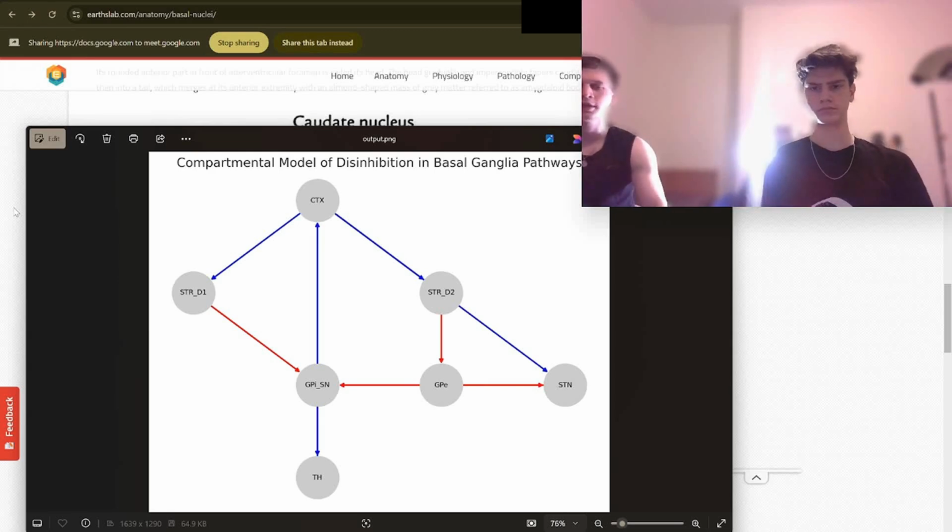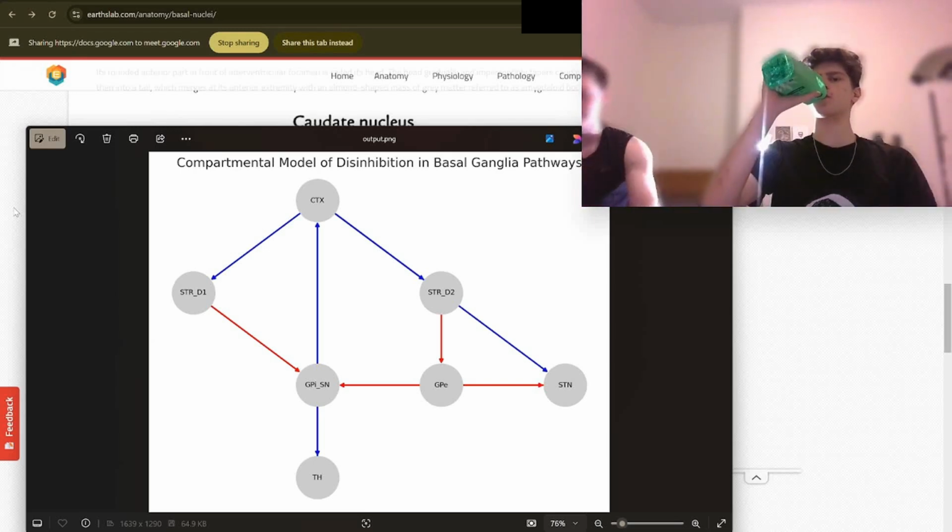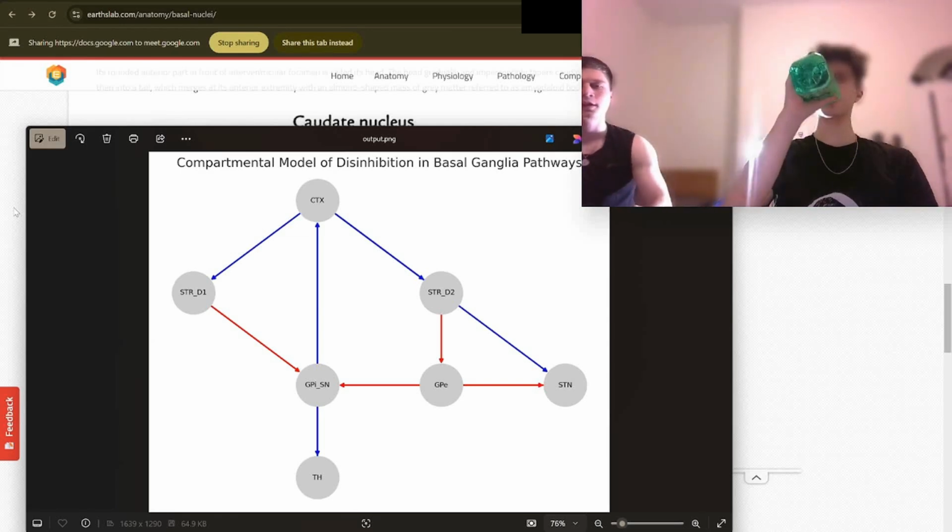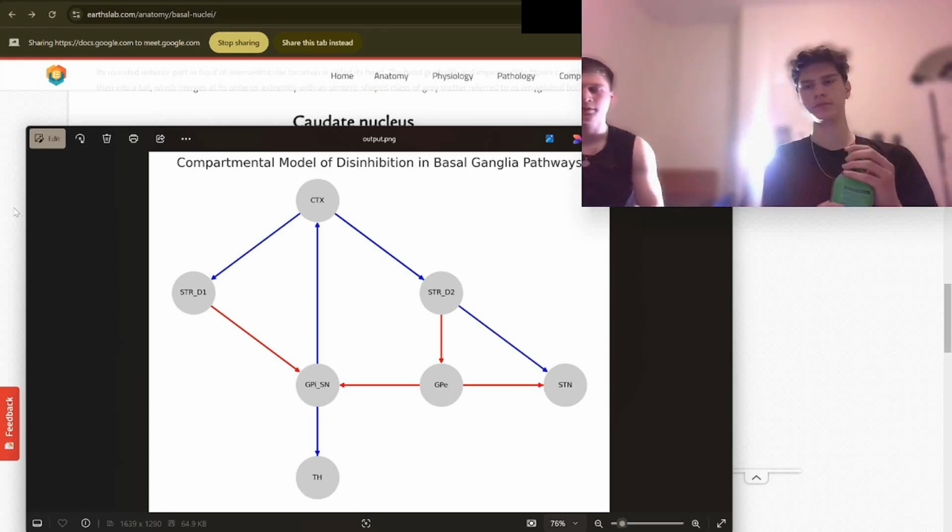This is your termination of movement. This functions with inhibition from the striatum to the globus pallidus externus, which would originally be inhibiting the subthalamic nucleus. Now, the concept of disinhibition comes in here because the striatum is inhibiting a structure that would originally be inhibiting.